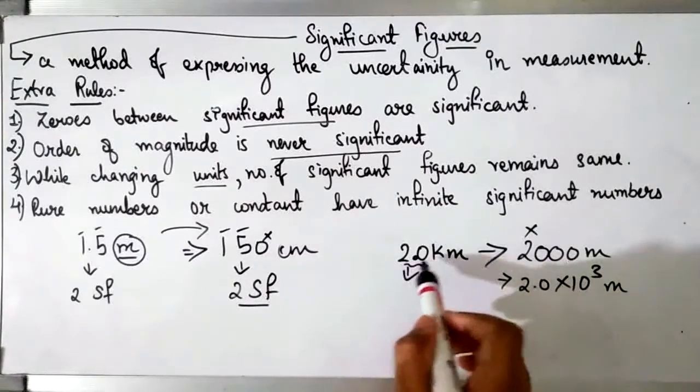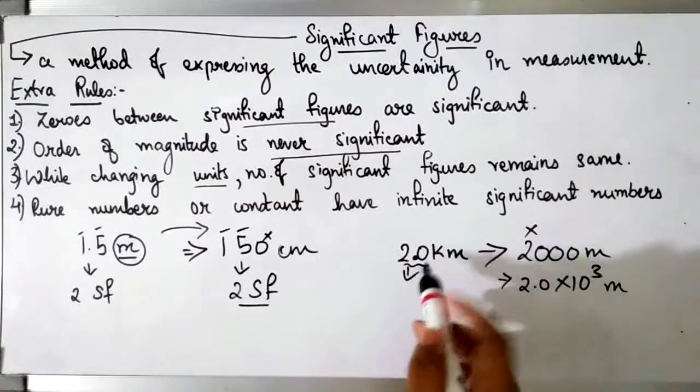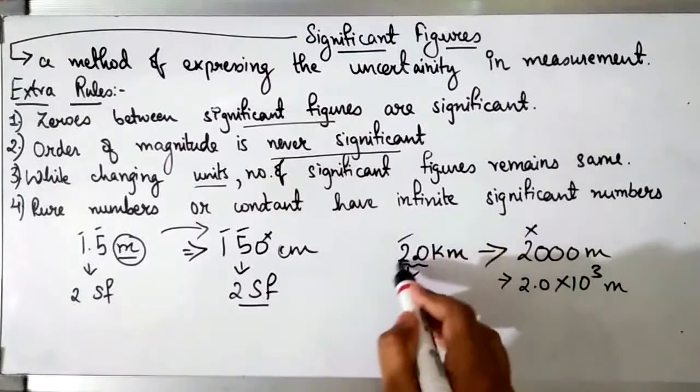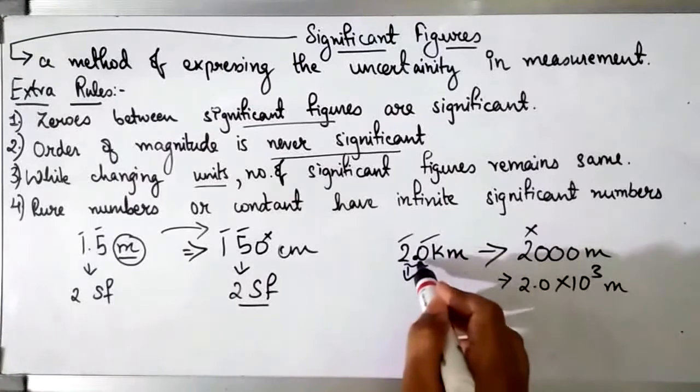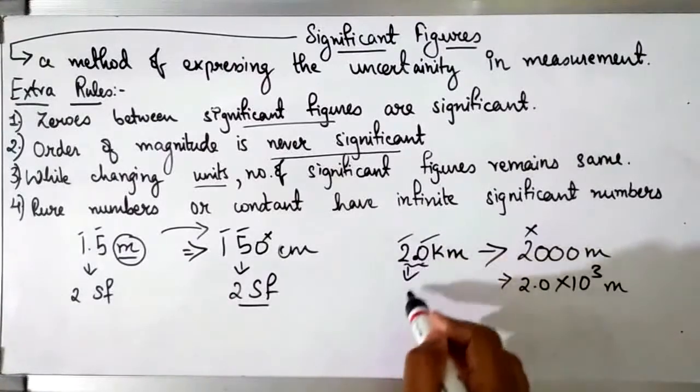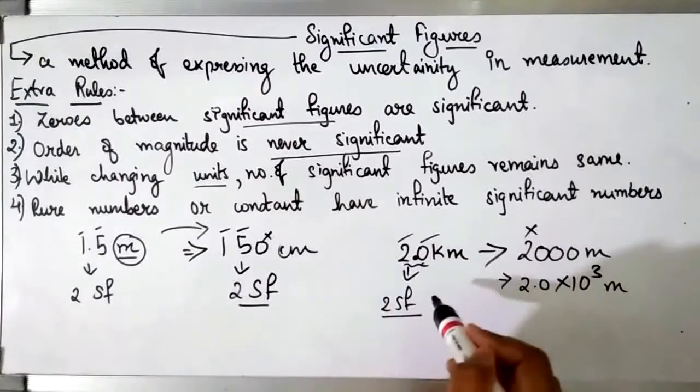Now if you have 2.0, if you check how many significant figures are present in this, you can say that this 2 is a significant figure because it is non-zero. Then this 0 is also a significant figure because it is an ending 0 and it appears after the decimal. So we have got overall 2 significant figures.